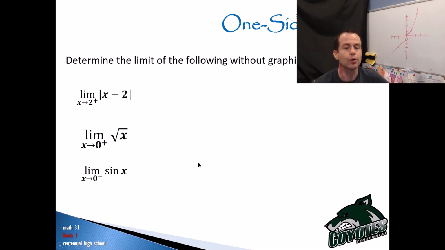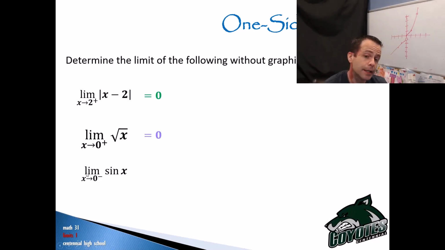Okay, so the limit as x approaches 2 from the right, can you think of what that would be? I would be approaching 0. Okay, for the next guy, the limit of the root of x as x approaches 0 from the right would also be 0.